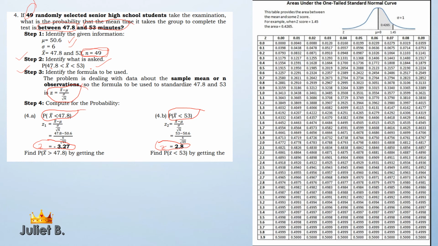And then, finding the value of negative 3.27 on the z table, we get 3.27 first. So 3.27 is 3.2 and 0.07. The 3.2 is here, and the 0.07 is here, and their intersection is 0.4995. So there are again two ways to find this.